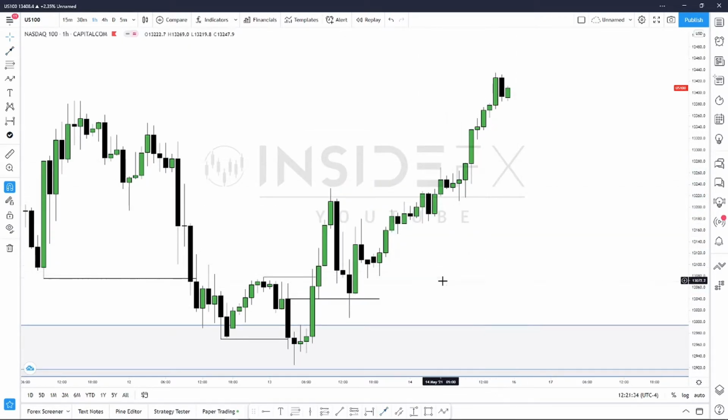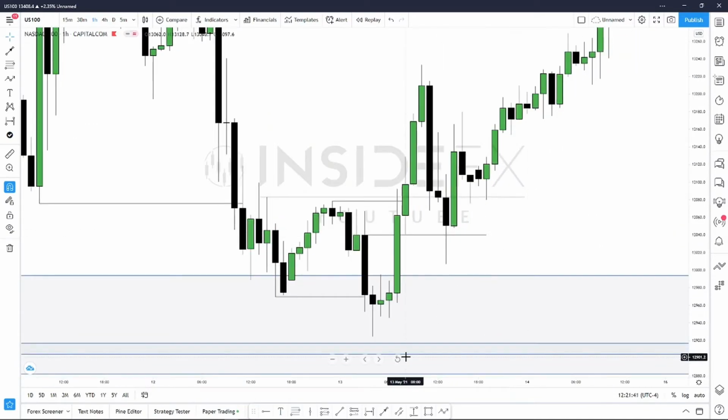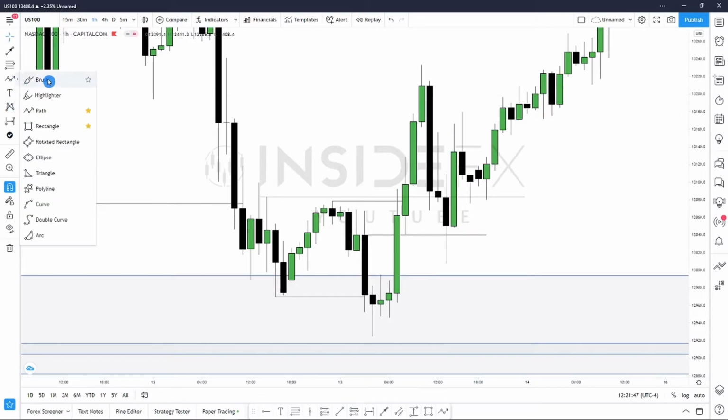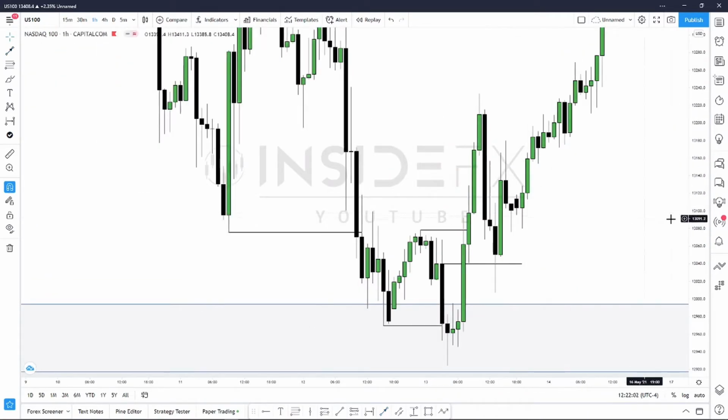If you look closely, you can see that price also came in to fill in this void right here, which also gave me a nice confirmation that price is most likely to head towards the upside.